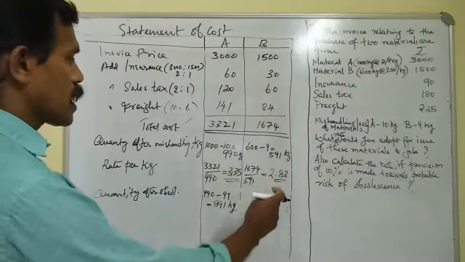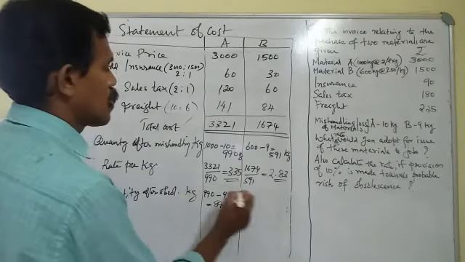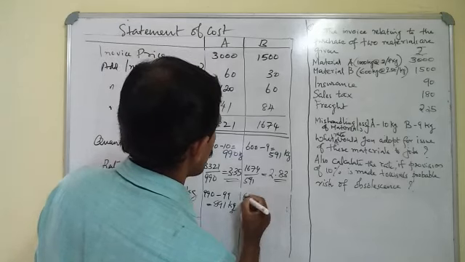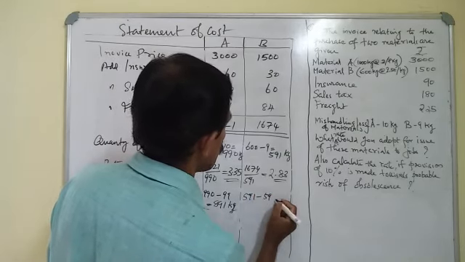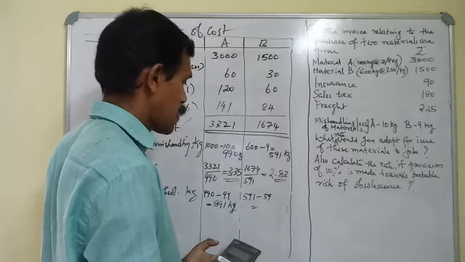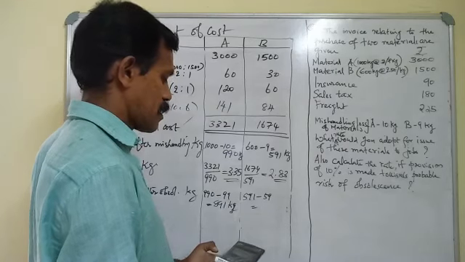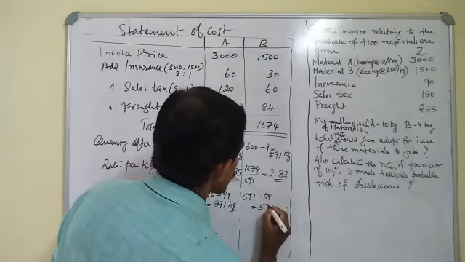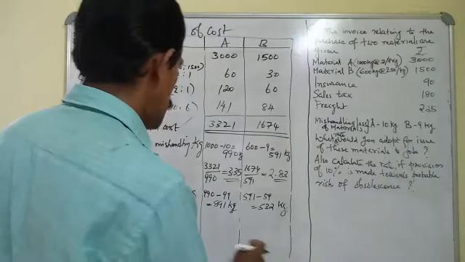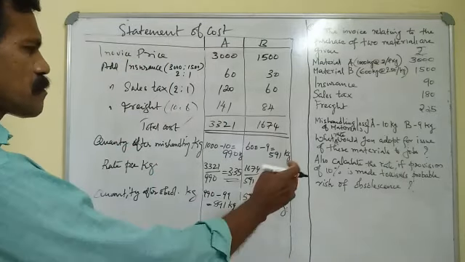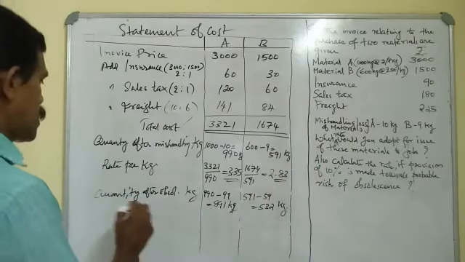Then in case of B, that quantity after obsolescence is 591 minus its 10%, 59, that is 591 minus 59, which comes to 532 kilograms.